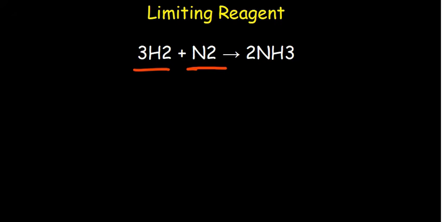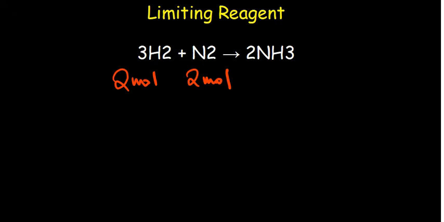So let's try to assume we have 2 moles of hydrogen and then 2 moles of nitrogen in a reaction. Which one is the excess and which one is limiting? So we'll try to determine first of all. So each time you're trying to determine the limiting reagent, it is very important that you get to determine the number of moles.